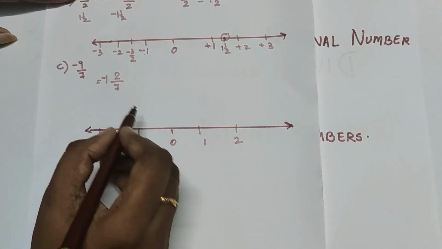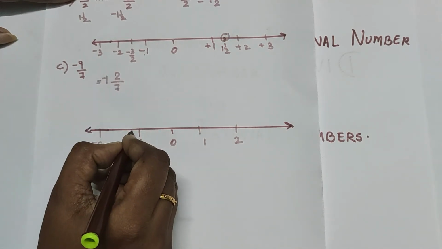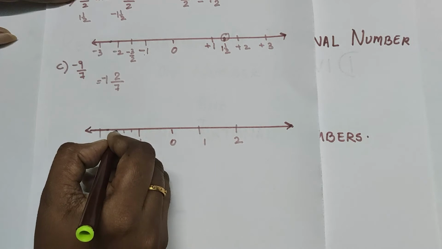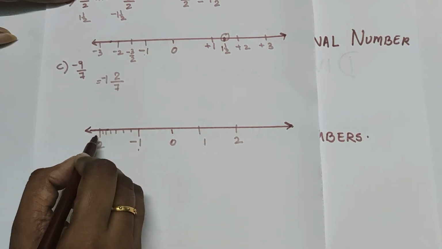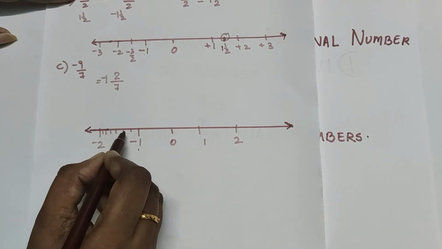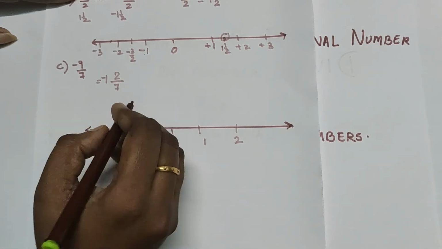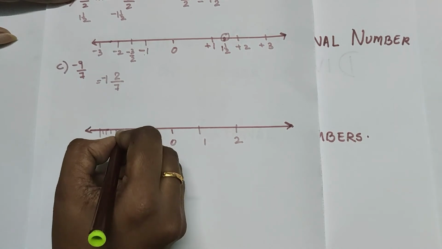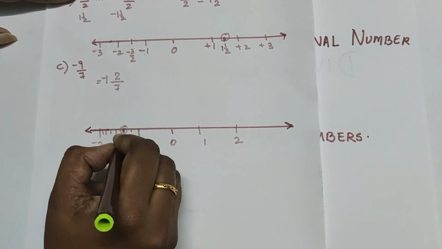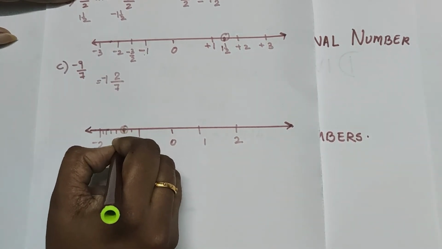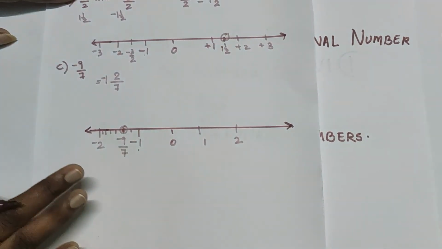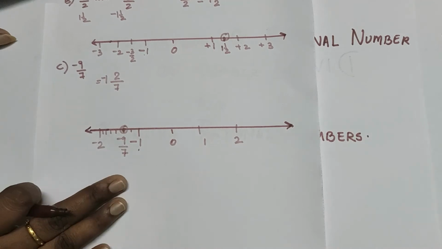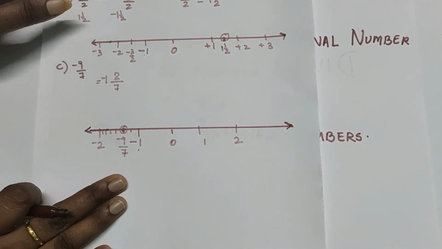For 2/7, I will divide this part into 7 parts. So 1, 2, 3, 4, 5, 6 and 7 parts. And the second part, 2/7, is this. So this becomes our -9/7. So now you can represent any given rational number on the number line.